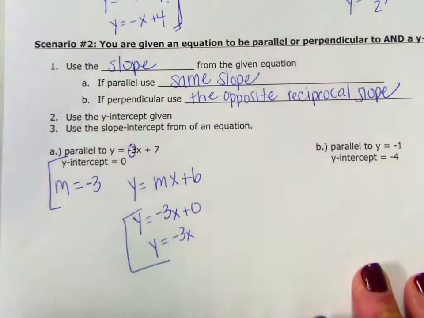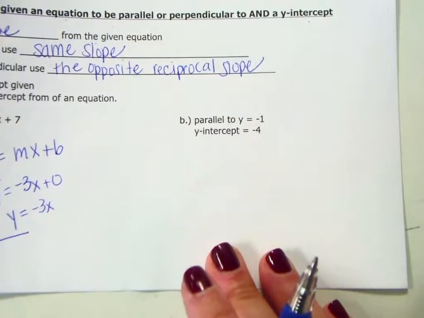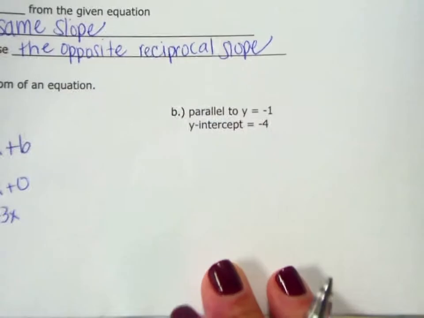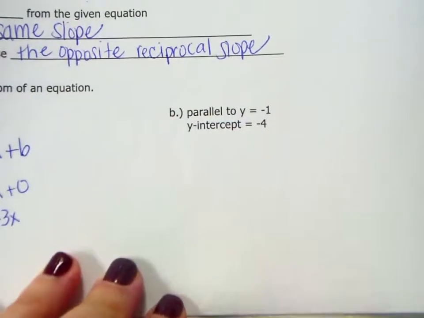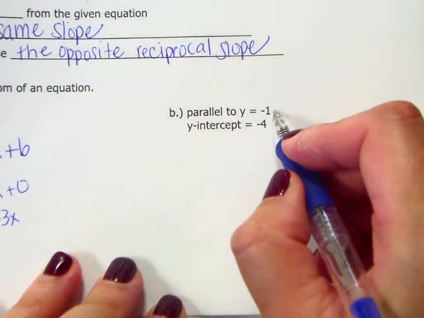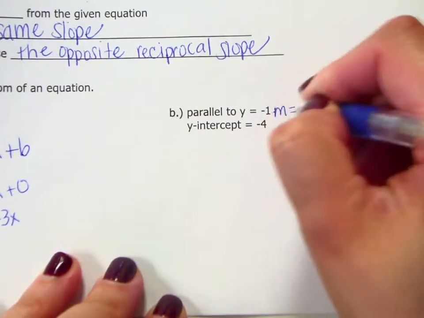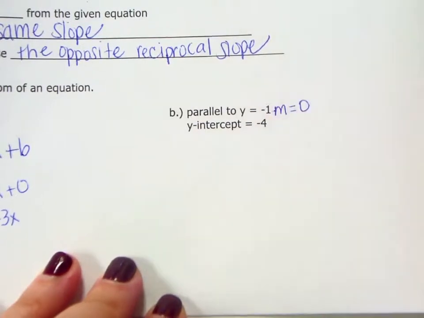All right, next example. This one's a little tougher. Parallel to y equals negative 1. What is the slope of this line? 0. Good. The slope of that line is 0.